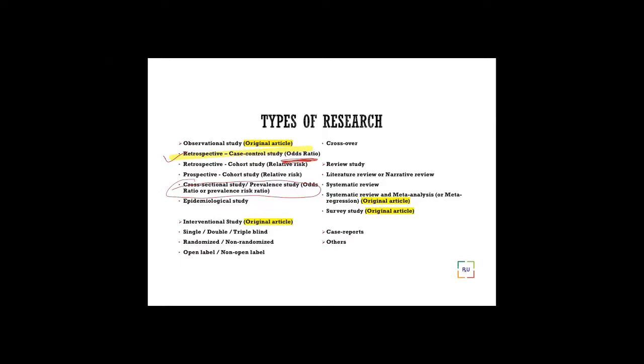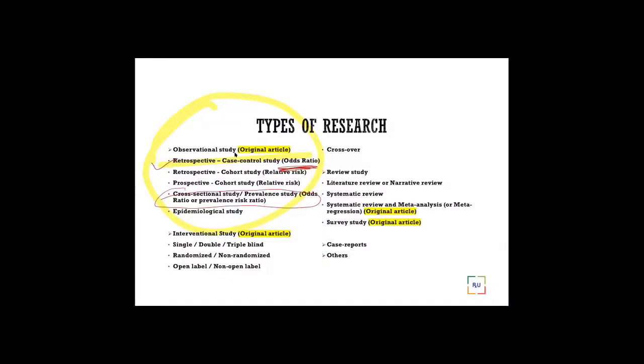Intervention studies can be single blind, double blind, or triple blind. Single blind means the patient is not aware of what the patient is receiving. I'm sharing my screen so that I can write there.